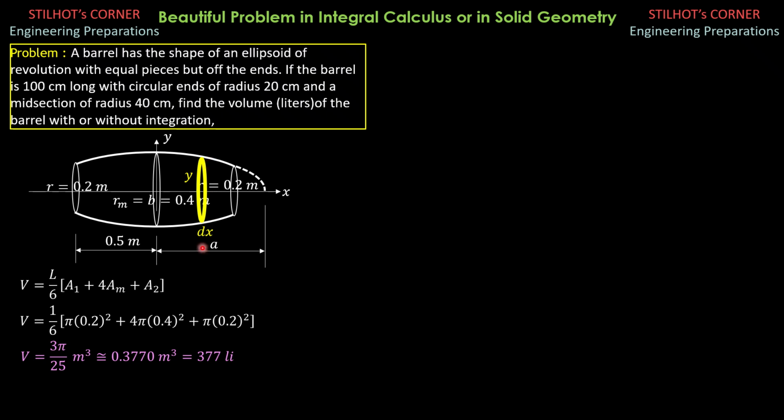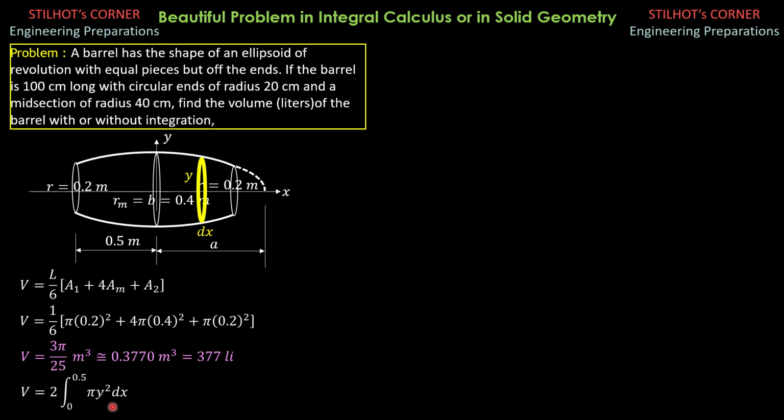The thickness is dx, and our limits will be from 0 to 0.5, and we multiply the entire volume by 2. So volume equals 2 times the integral from 0 to 0.5 of pi y squared dx.